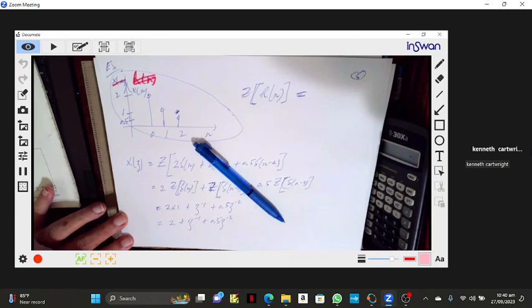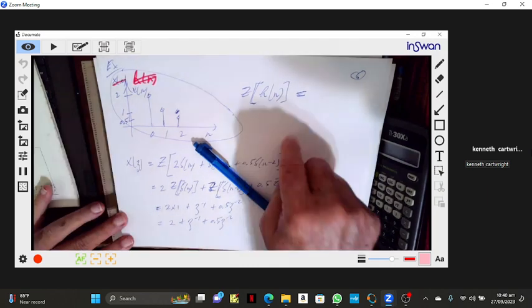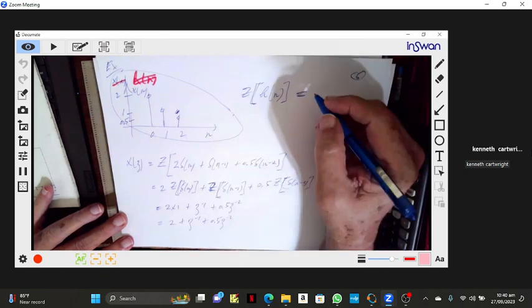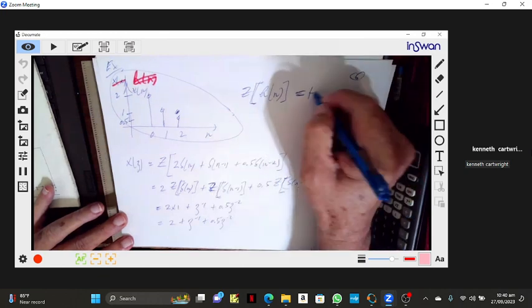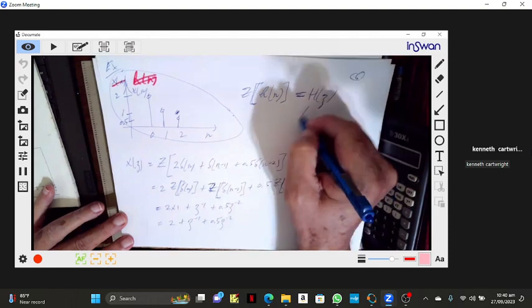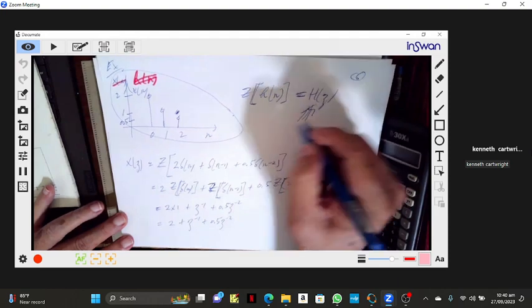The transfer function, and the same is true in the time domain and in the Z domain. It's H of z, and H of z becomes the transfer function.